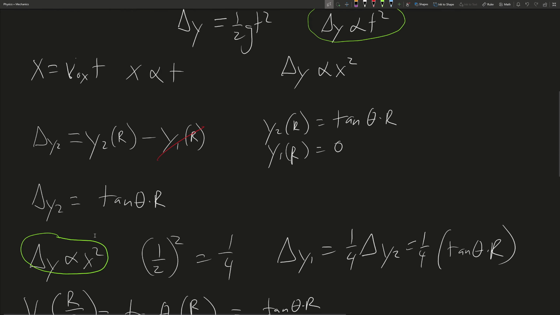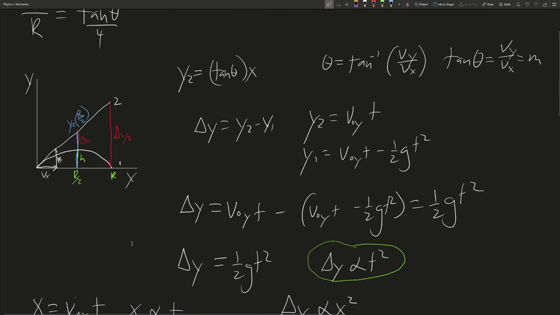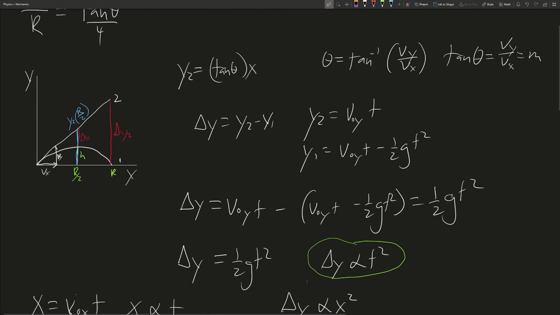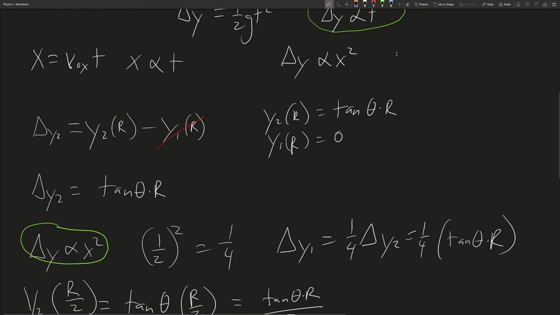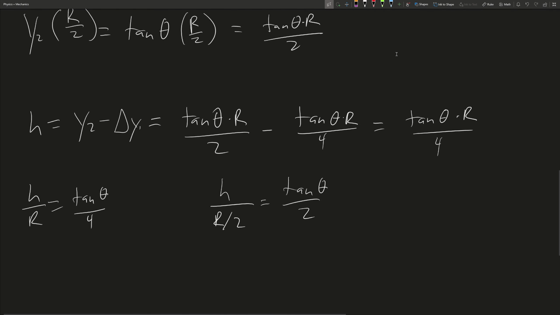These are very important relationships that you should remember, because gravity here acts with time squared. So this distance between these two heights increases as a square of its x position and as a square of time. And so this hopefully can help you gain a bit of intuition about why projectile motion follows the path that it does and why the relationships between height and range are true.